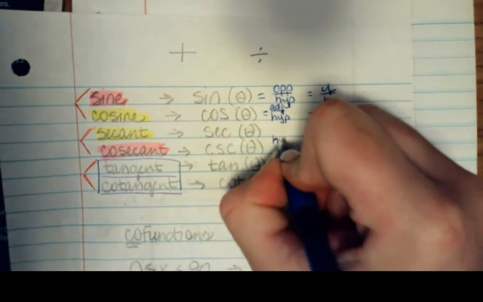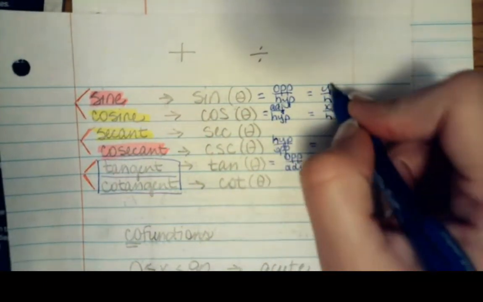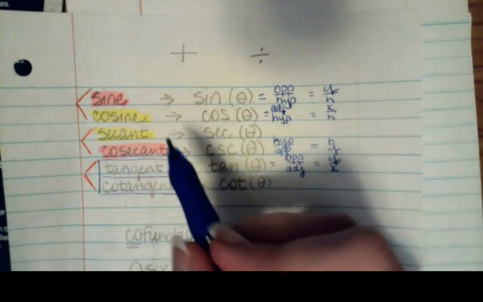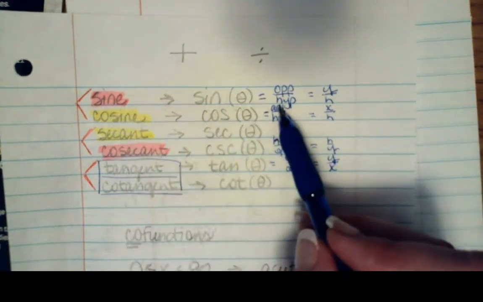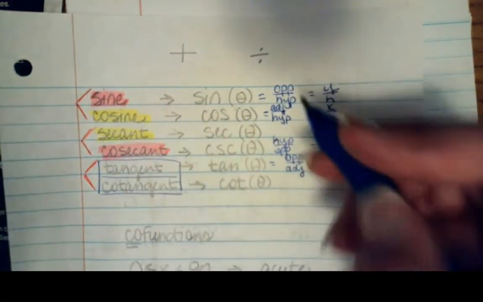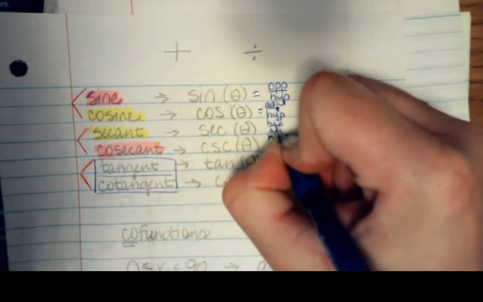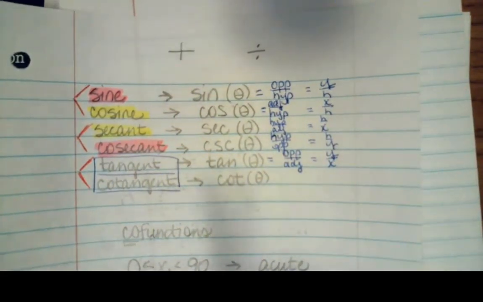It is hypotenuse over opposite, which means it's not y over h, it's h over y. Okay? Secant and cosine are reciprocals of one another. And so cosine is adjacent over hypotenuse, which means secant must be hypotenuse over adjacent, which means that's going to be h over x.